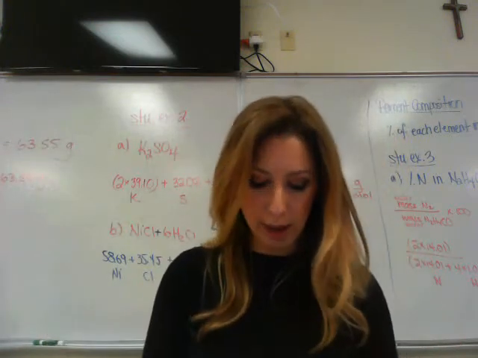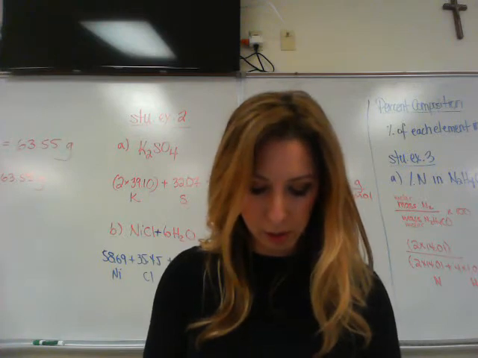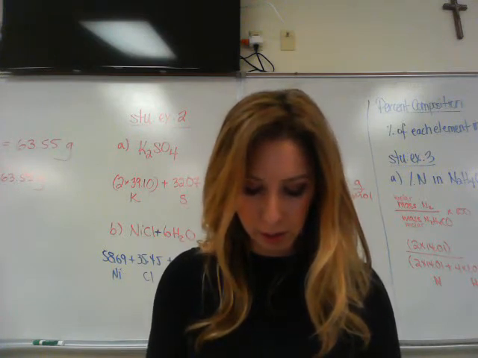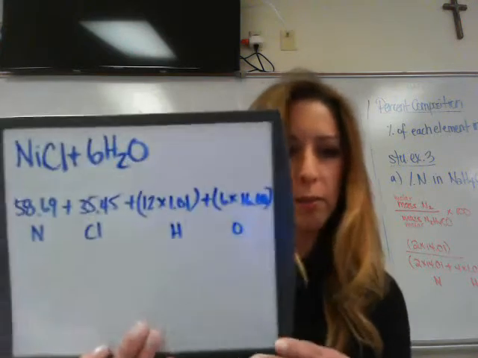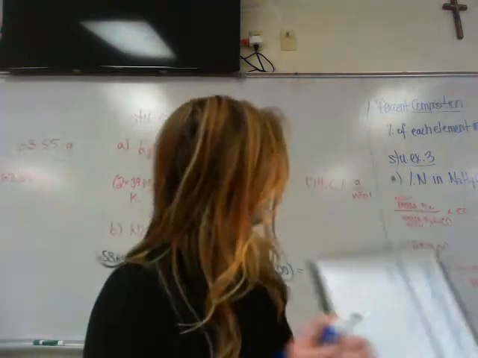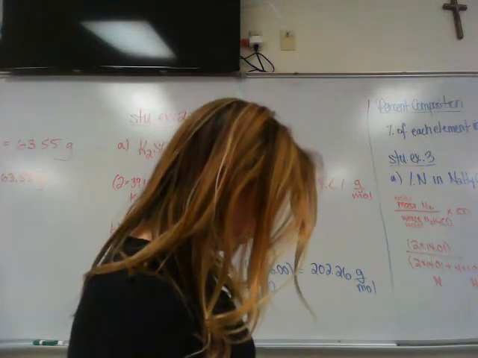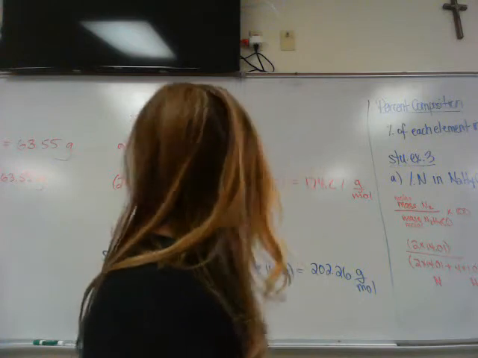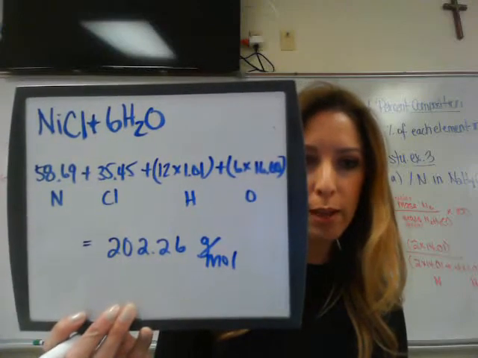So I'm going to go ahead and add 12 hydrogen and 6 oxygen, like this. Okay? So here, I'm going to end up with 202.26 grams per mole for the molar mass.